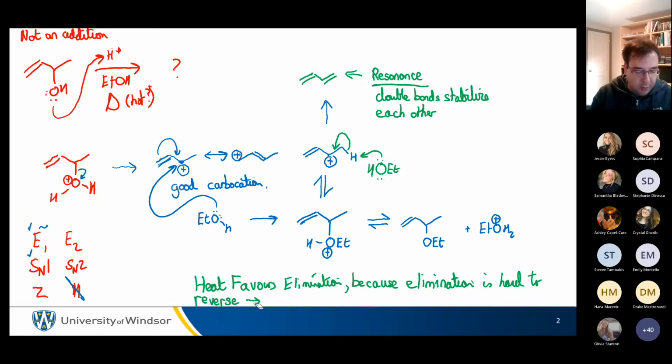So we see that heat favors the elimination, because elimination is harder to reverse. Nucleophilic substitution can become an elimination. Eliminations have a harder time becoming nucleophilic substitution.